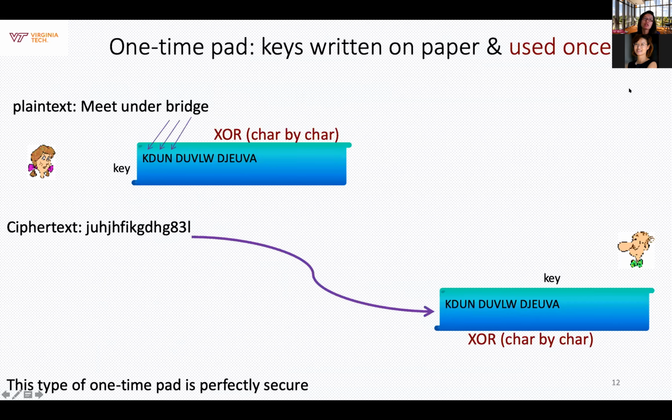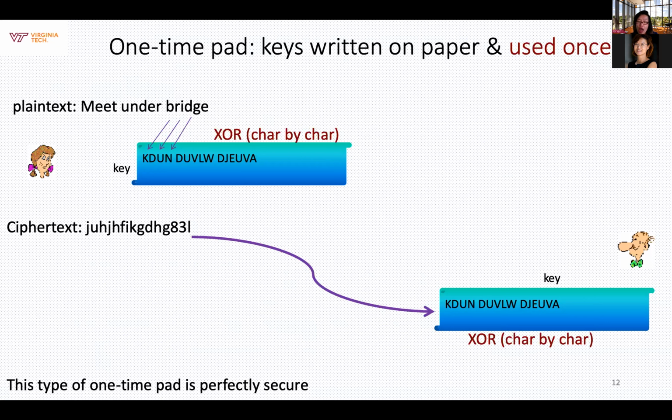And this has been used a lot in history, called one-time pad. With a one-time pad, the sender and receiver share hopefully a long secret key, and then you just do XOR with your message, and the receiver just does XOR and gets the message back.